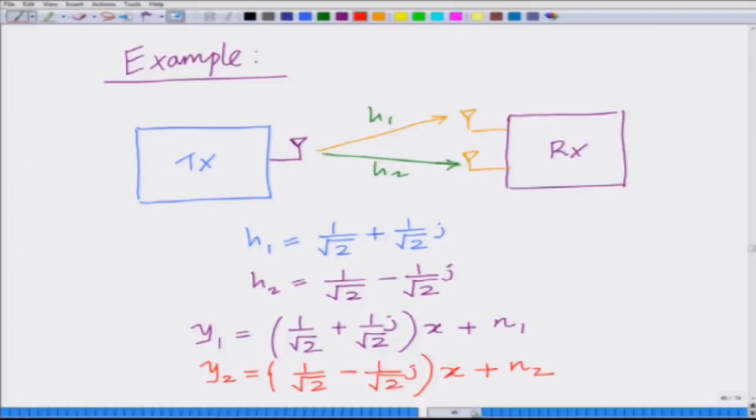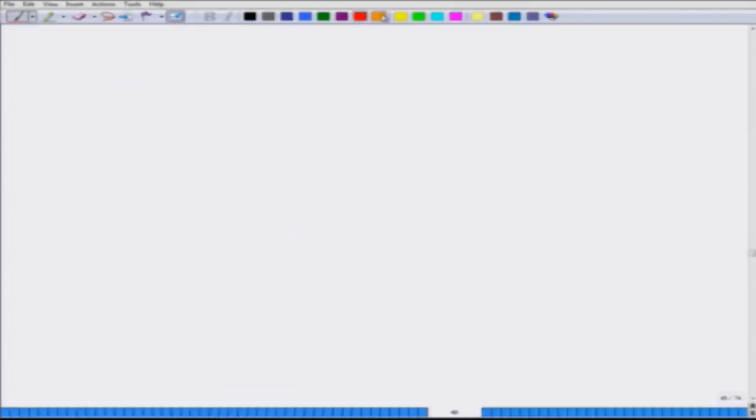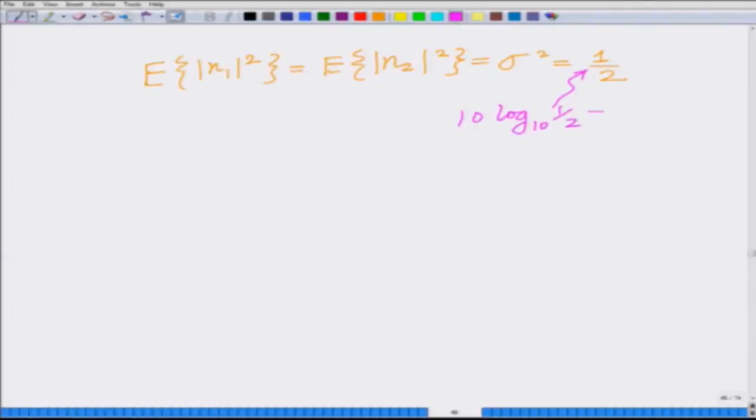Further, we are going to assume in this example that the expected value of magnitude n1 square equals the expected value of magnitude n2 square equals sigma square, which is equal to a half. In dB terms, this is 10 log 10 of half, equals minus 3 dB.